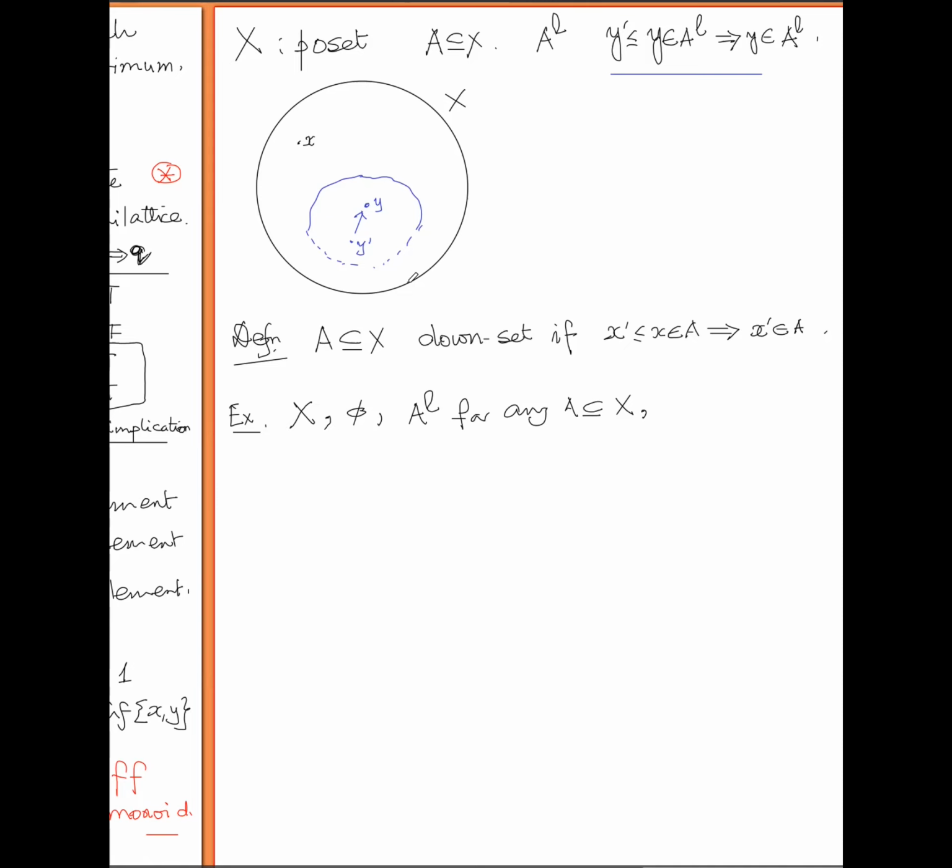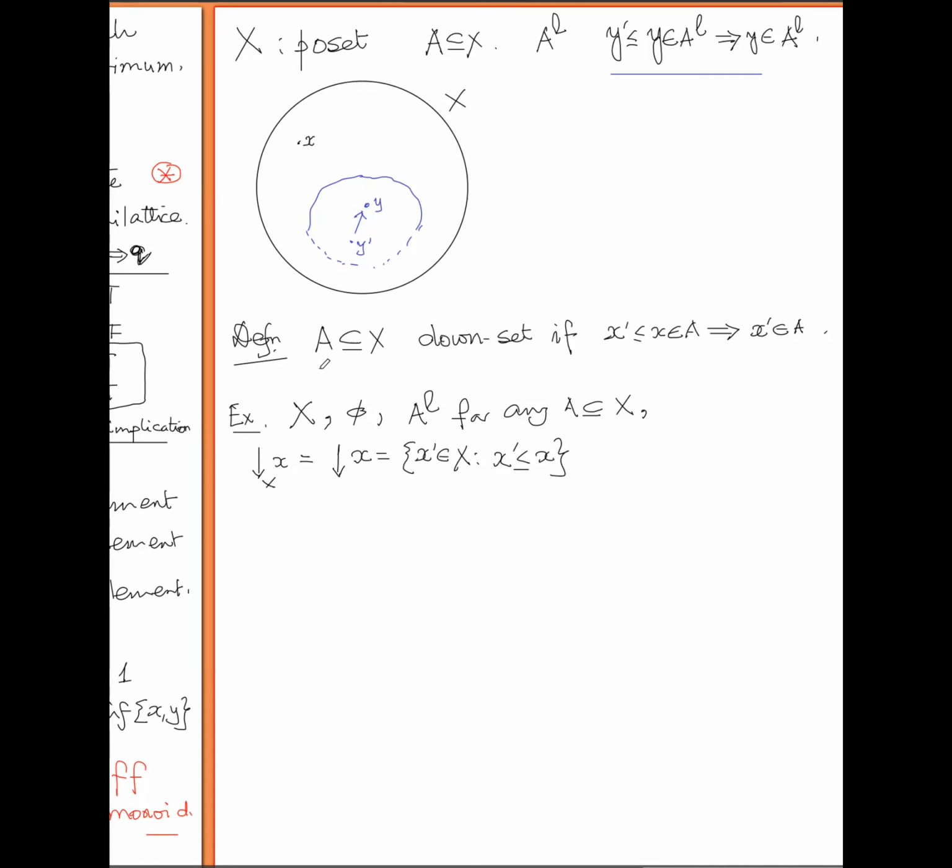The set of all elements less than X. Good. Which we usually denote like this. And if I have to be very pedantic and indicate that this is happening in X, I will write it like this. So this is the set of everything less than or equal to X. So you see there are plenty of downsets.